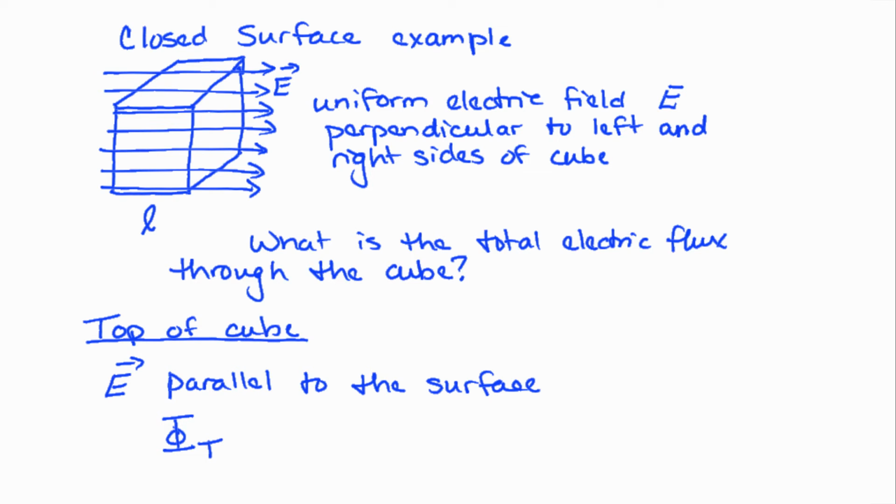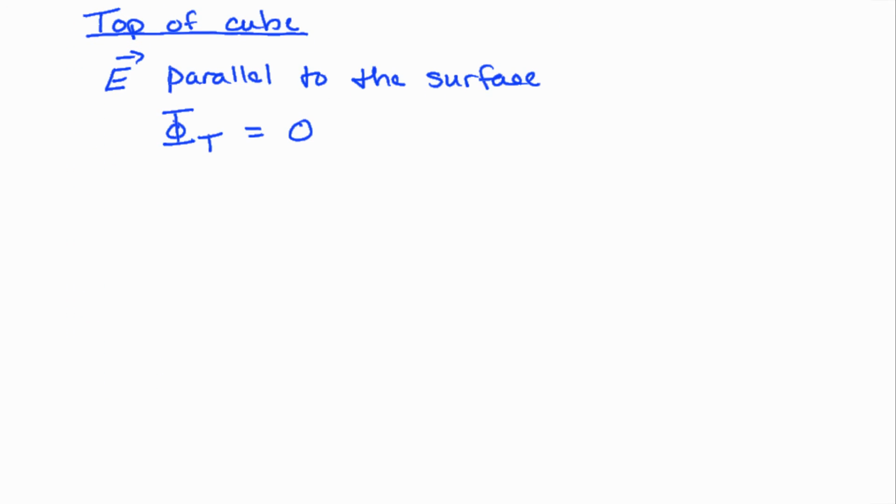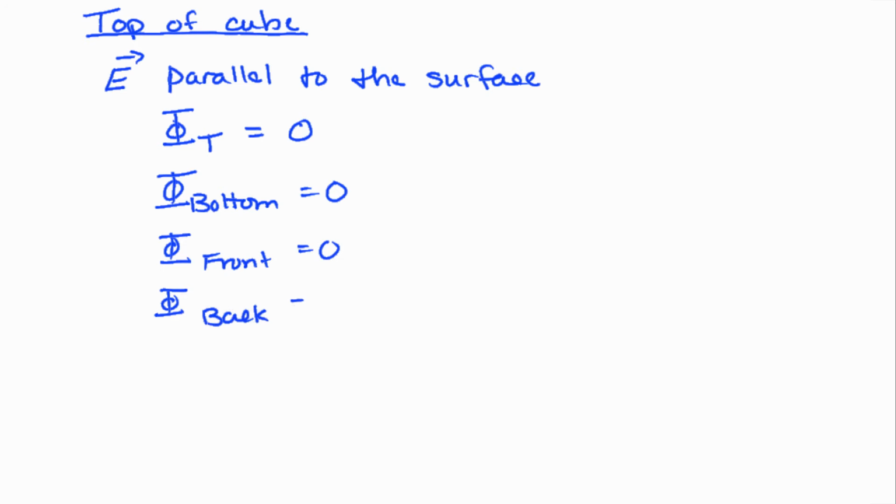Since it's also parallel to the bottom of the cube, the front of the cube, and the back of the cube, we can also automatically write 0 for those. So we're left with the right and left sides of the cube to deal with.